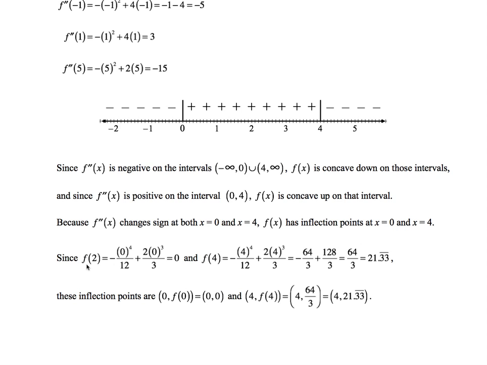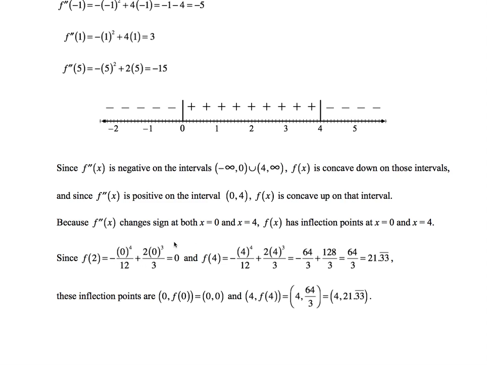So now we evaluate the function, not the derivative, not the second derivative. We evaluate the function to find out what the function value or y value of this x is, so we can determine both coordinates of the point.